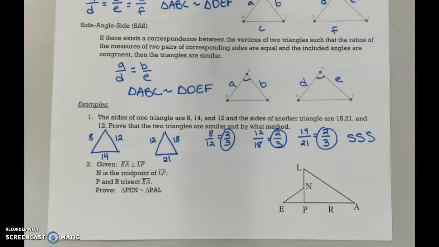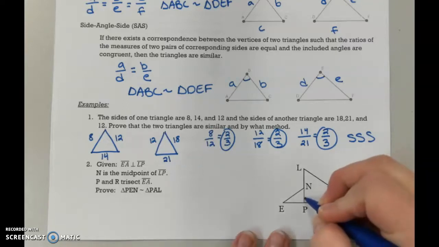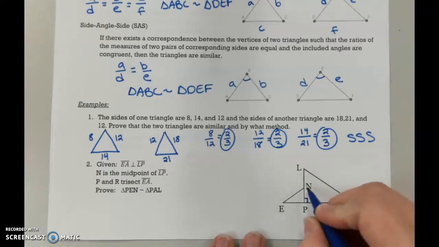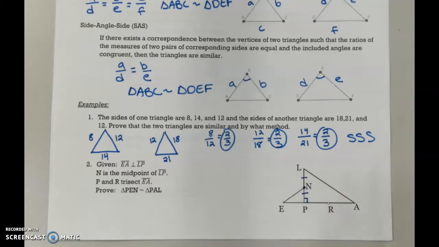Now number 2, I'm told that EA is perpendicular to LP, so I'm going to indicate that with my right angle symbol. N is the midpoint of LP, so that means that LN is congruent to PN. And lastly, I'm told that P and R trisect segment EA.